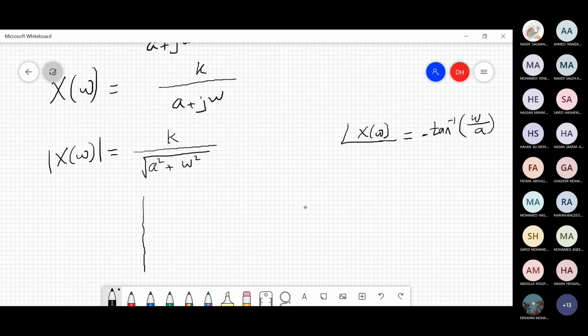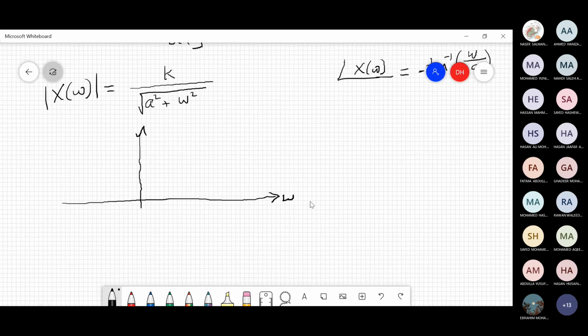First the magnitude. So this is omega, and this is the magnitude of X of omega. At omega equal to 0, then we have K divided by the root of A squared.